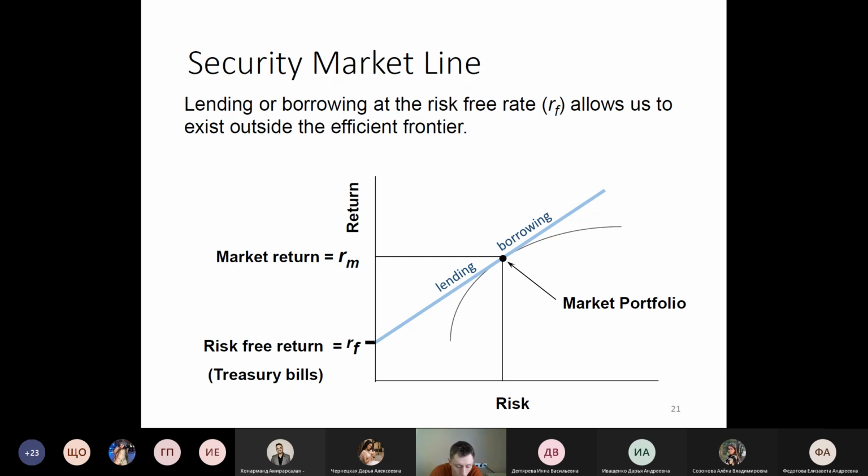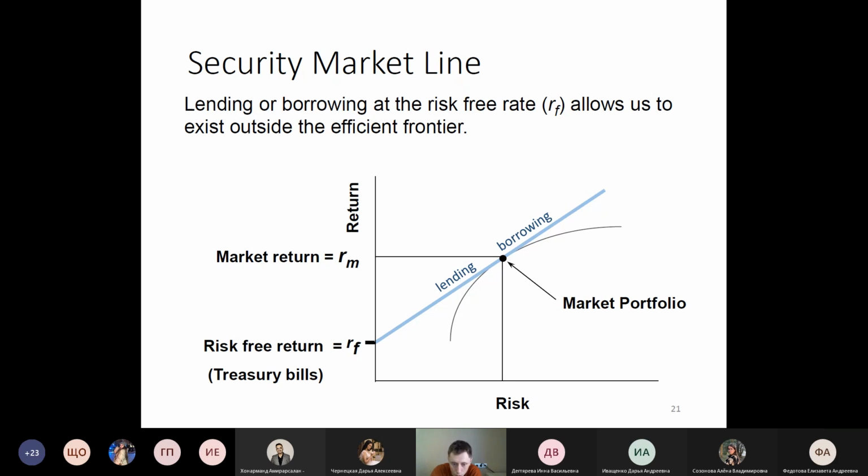And how we estimate the results of this better portfolio: we had a market portfolio, we had an efficient frontier, so the optimal combination of the risky assets in different proportions. And we have a risk-free rate. Risk-free rate is the rate on treasury bills.